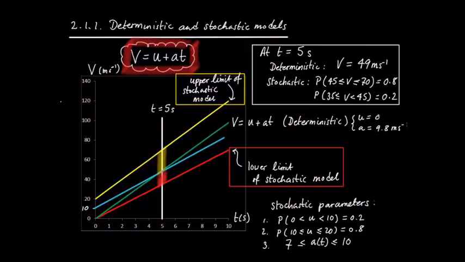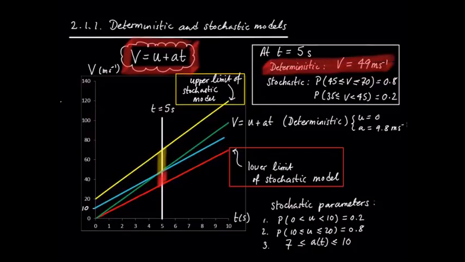So v is uniquely determined at any given instant in time by the initial velocity u, which we've set at 0, and the constant acceleration a, which is 9.8 meters per second squared. In the case of this example, at t equals 5 seconds, the velocity is going to equal 5 times 9.8, which is 49 meters per second.